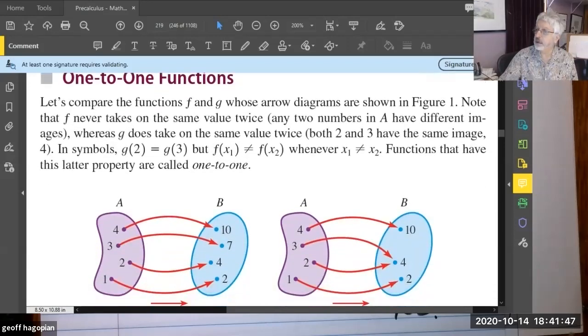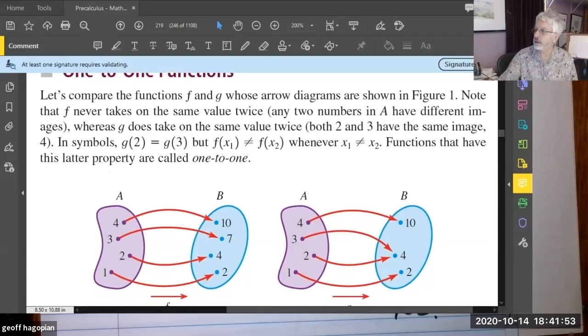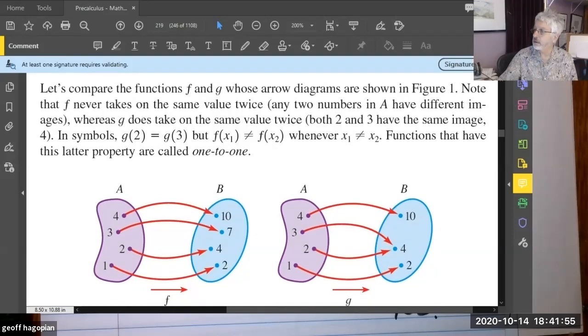All right, so what do we have here? Let's compare two functions f and g whose arrow diagrams are shown in figure 1. This function is one-to-one because for each input there's exactly one output, no more, no less.